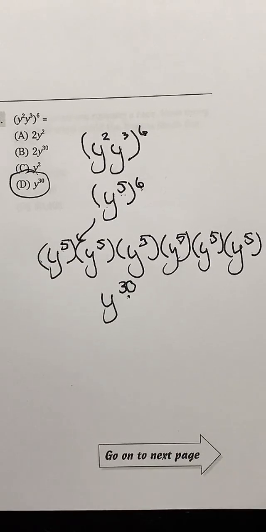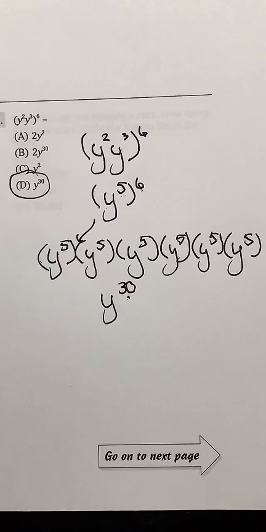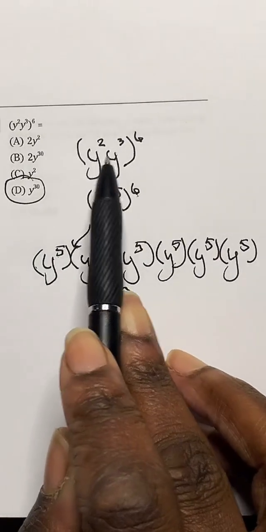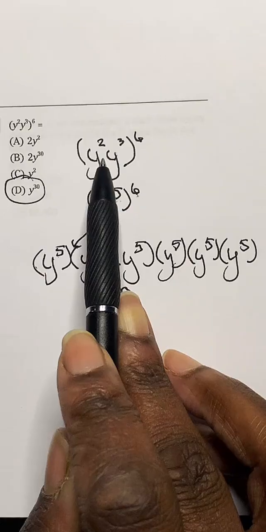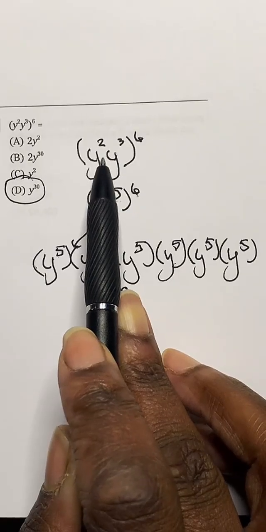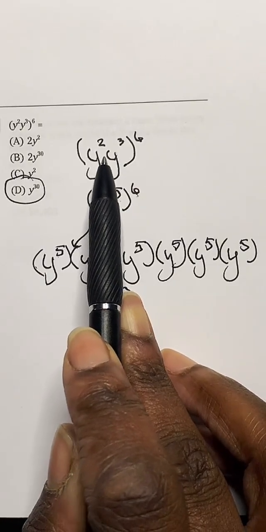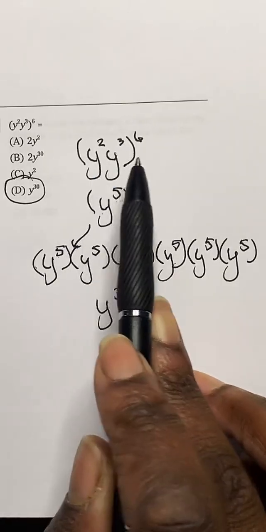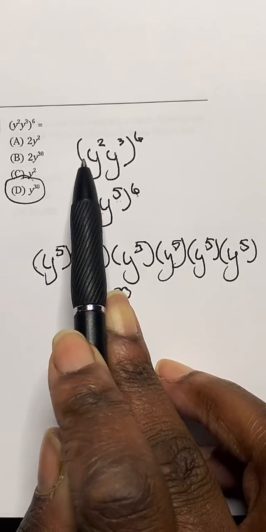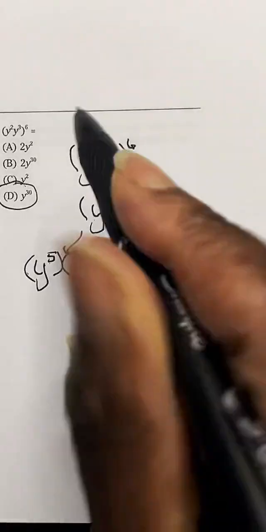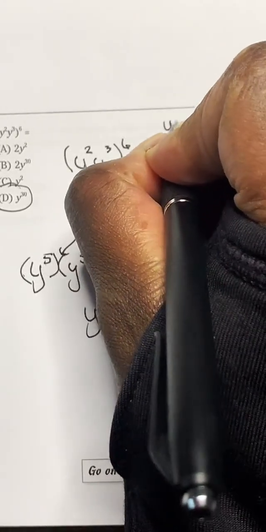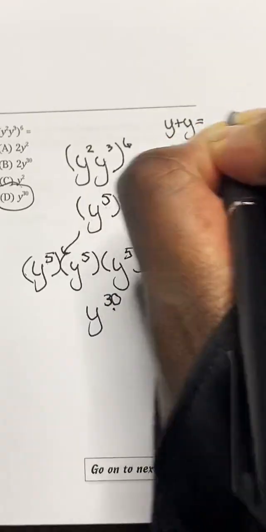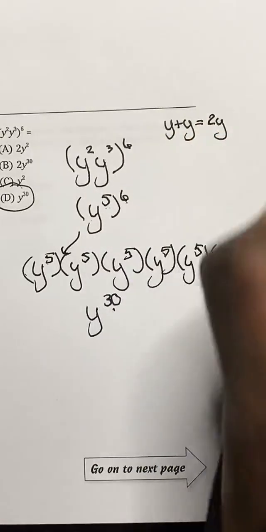Okay, talk to me. Because if you look in between, there isn't a plus or a minus sign, that means you're going to be multiplying. What you're multiplying is the coefficients. Because if I go y plus y, that equals 2y.